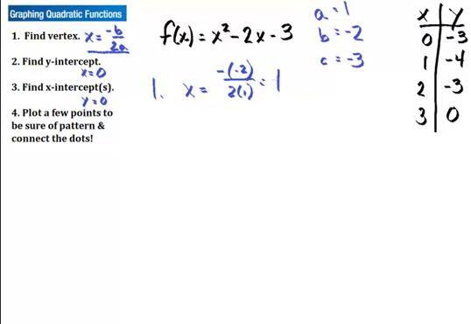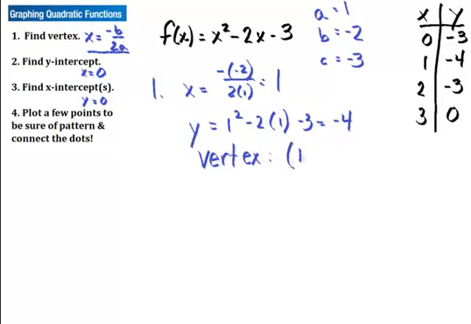Well, now, if I go to draw a point and X is 1, that doesn't tell me anything. I need to know what Y is. So let's go ahead and find the Y value too. So Y is just plug in the 1. So that would be 1 squared minus 2 times 1 minus 3. Of course, I already have it over here. And this should end up negative 4. So the vertex is the point 1, negative 4.